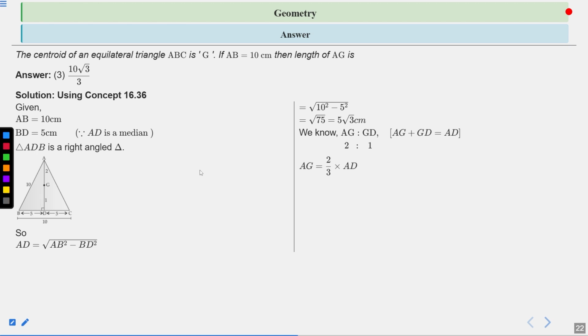So AG will become 2/3 of AD. So 2/3 of AD, which is 5 root 3. So 2/3 multiplied by 5 root 3 becomes 10 root 3 by 3. So third one is the correct answer of this question. Next one.